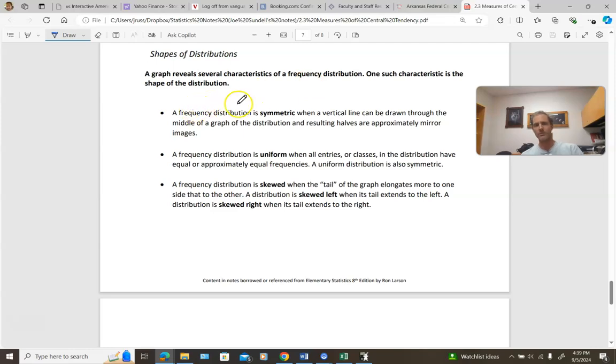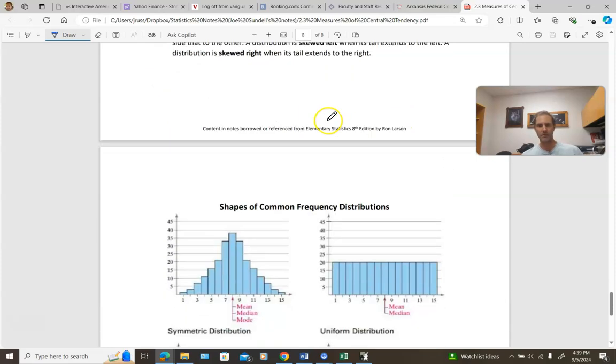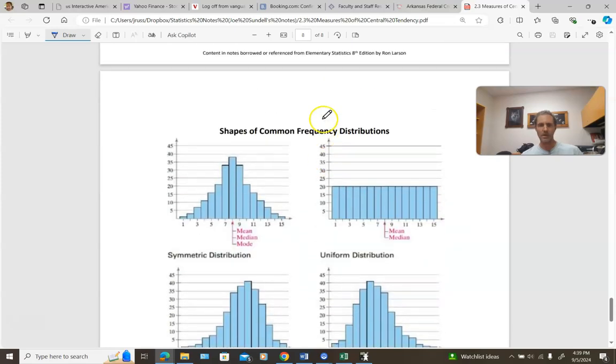A frequency distribution is symmetric when a vertical line can be drawn through the middle of the graph of the distribution and the resulting halves are approximately mirror images. I've got an example down here. We don't know what kind of data this histogram represents, but it would be an example of a symmetric distribution.